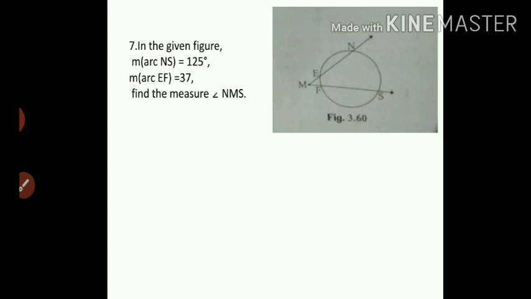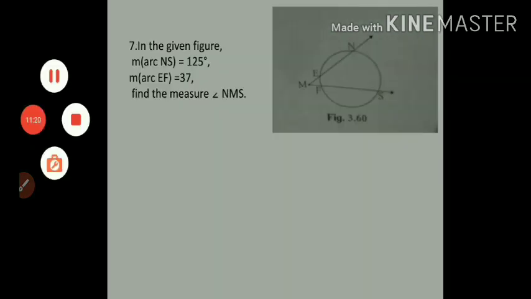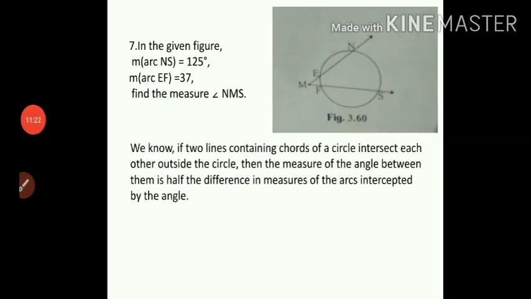They intersect outside the circle at point M. Now you have to find the measure of angle NMS. So now see, we know that if lines containing chords of a circle intersect each other outside the circle, then the measure of the angle between them is exactly half the difference of the measures of the arcs intercepted by the angle.